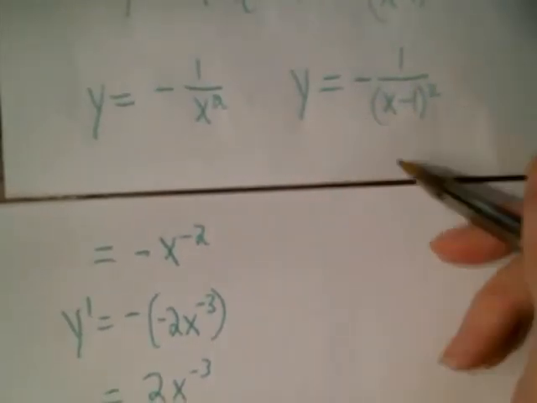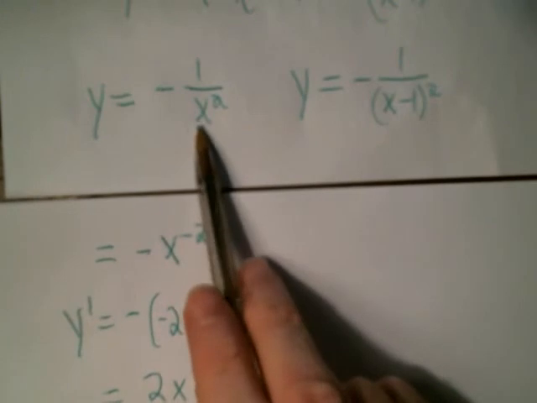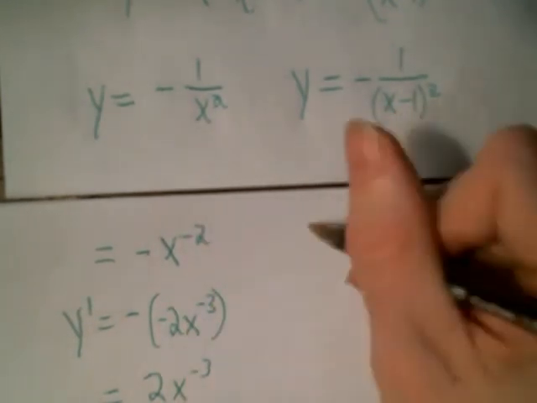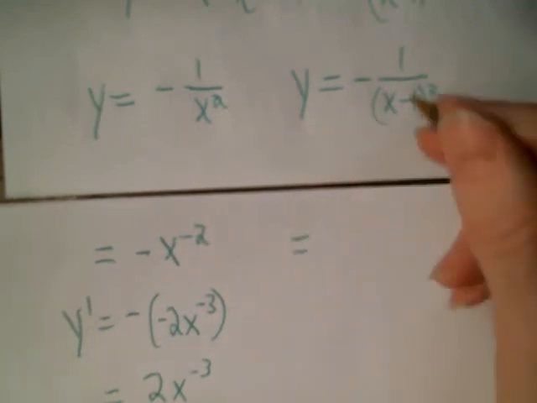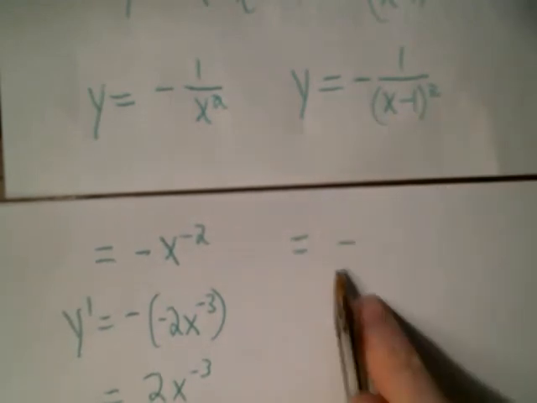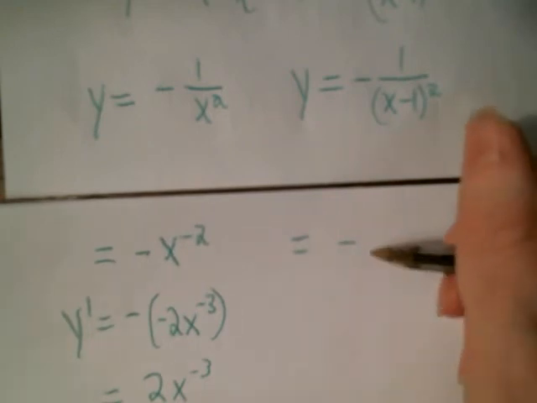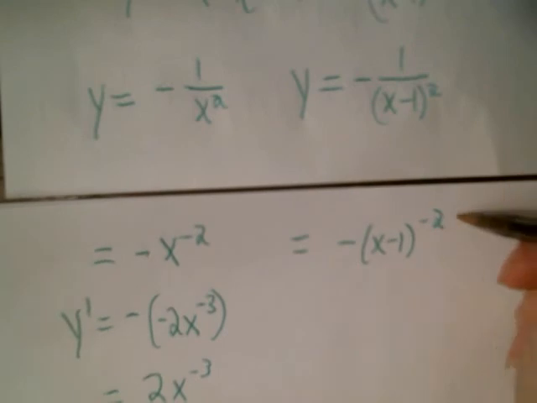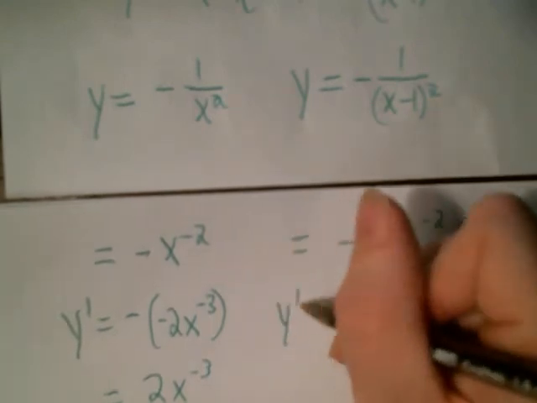For the other guy, what I'm saying is we need a rule for when I can attack this and this in the same way. And it's going to be the chain rule. In this section, you can just simply not worry too much about it. So I can rewrite this guy as x minus 1 to the negative 2, and then do a power rule to get my answer.